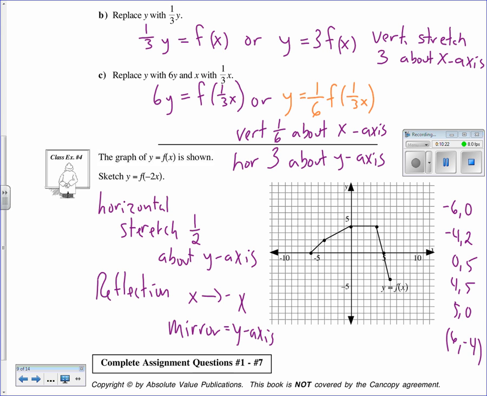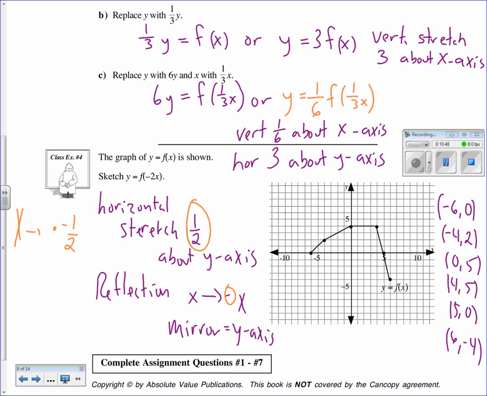These are all the x, y points of my original graph. And what I understand with this graph is that my x values are going to get hit by a factor of 1/2 and negative. So my x values are going to be hit by a factor of, take the x values and times them by -1/2.